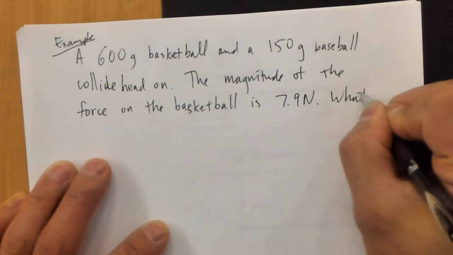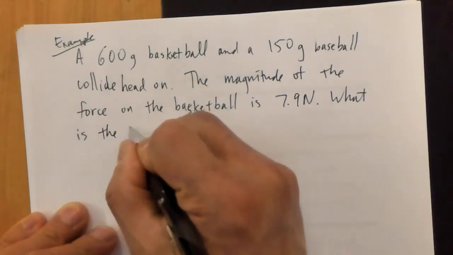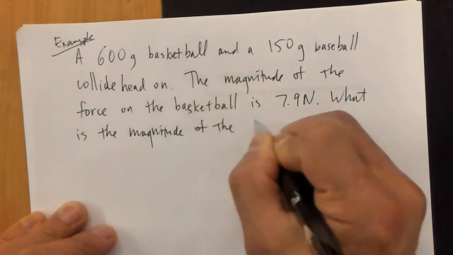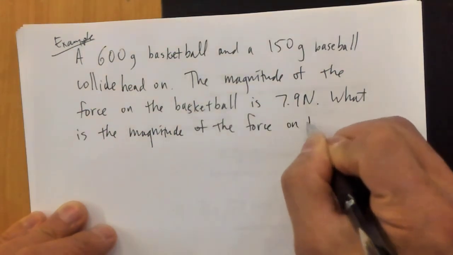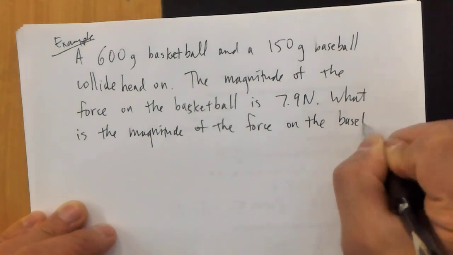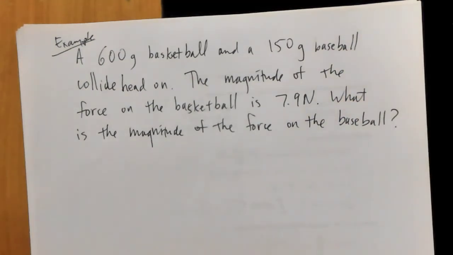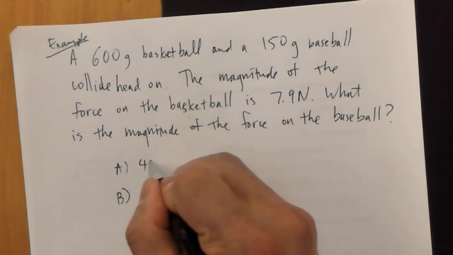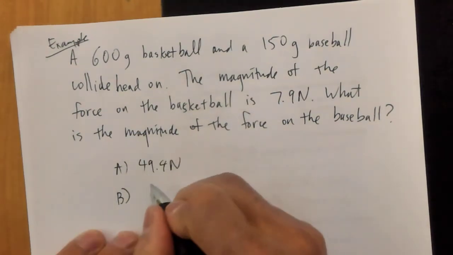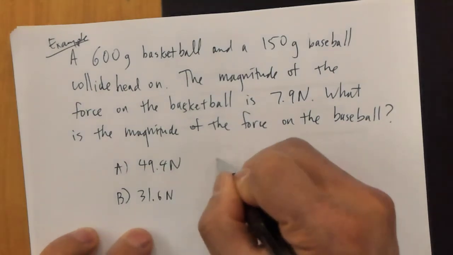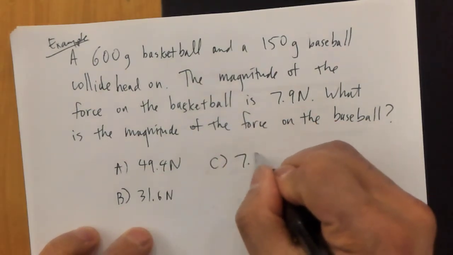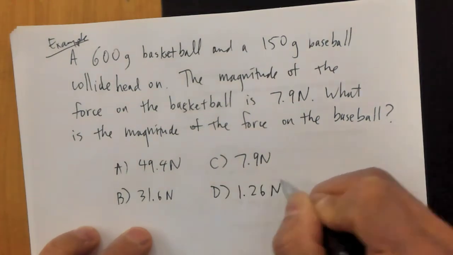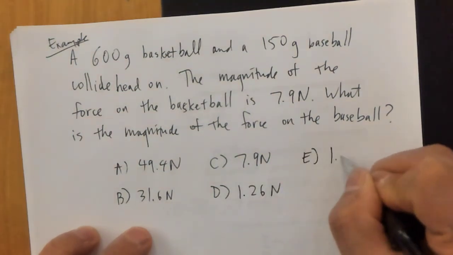What is the magnitude of the force on the baseball? The choices are: A, 49.4 newtons; B, 31.6 newtons; C, 7.9 newtons; D, 1.26 newtons; E, 1.98 newtons.